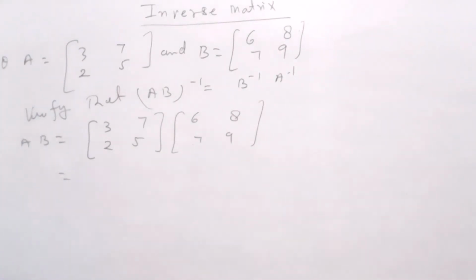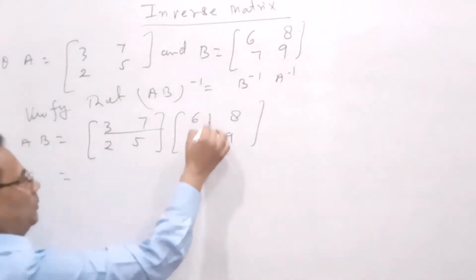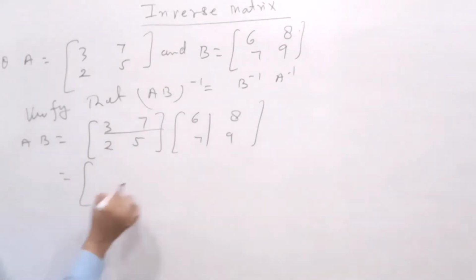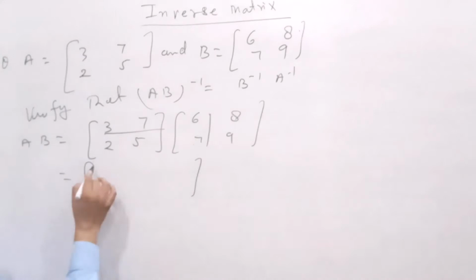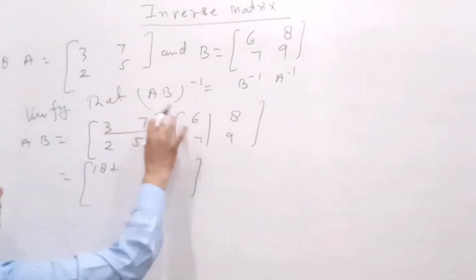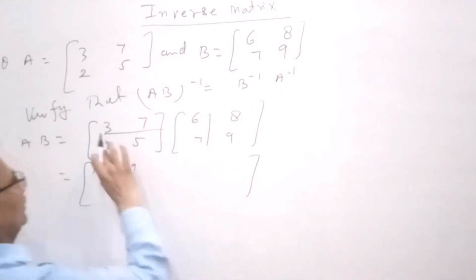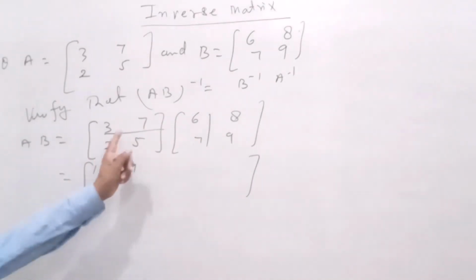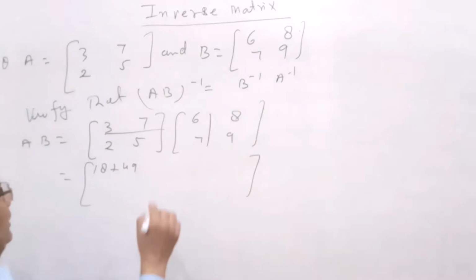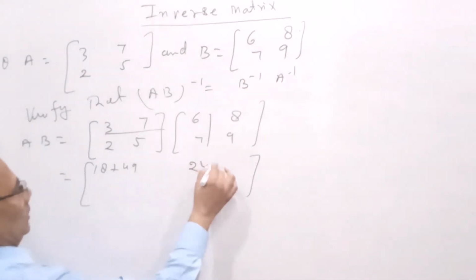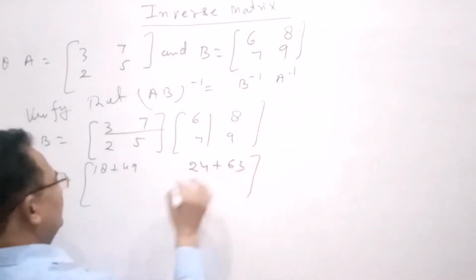Now this is equal to row by column, this is the 3 6 18 plus 49, that is R1 into C1, R1 into C2, that is 24 plus 63.